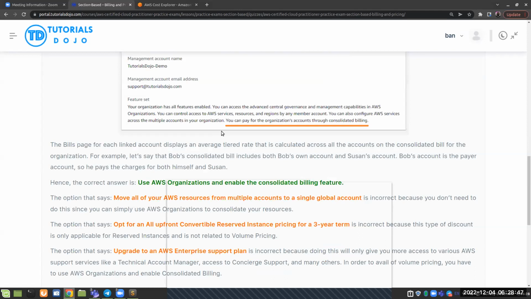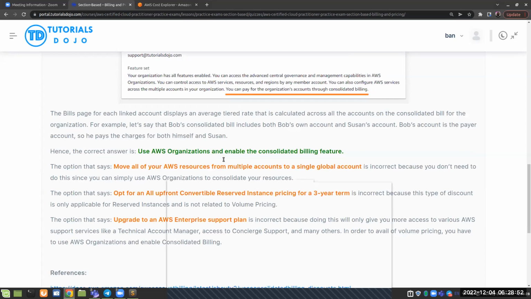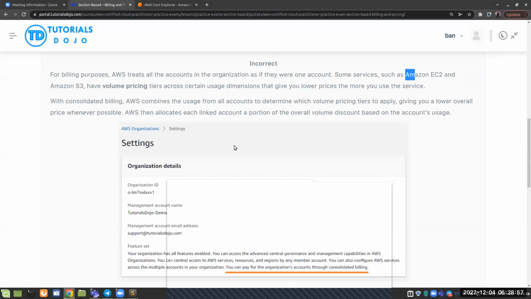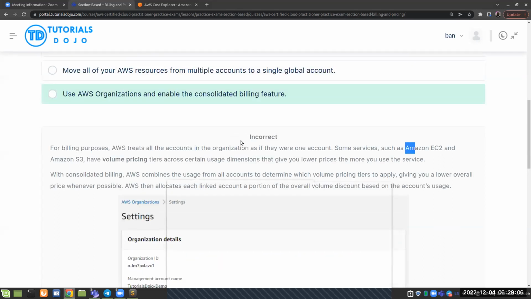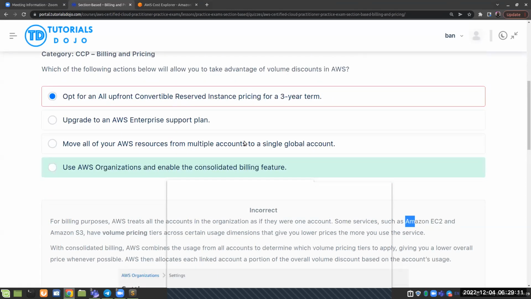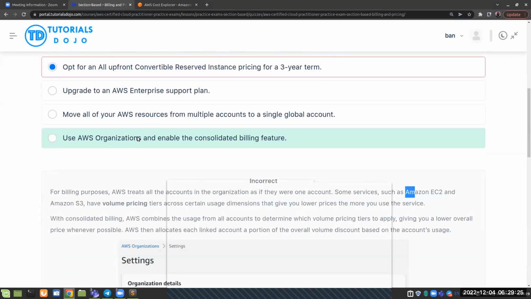But if you enable all features, then you are able to use SCPs as well as consolidated billing. If you enable just the consolidated billing feature, you only use that feature. So if you want to use additional features of Organizations like SCPs, it's important to enable the all features set. That's just one thing I want to highlight here.